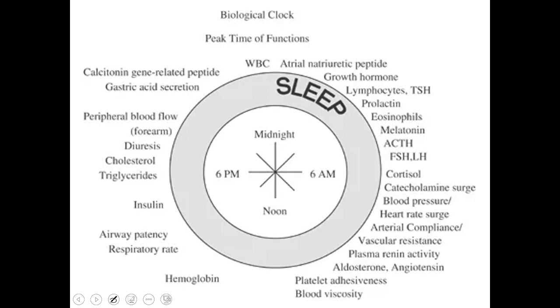Yes, in the topic of antihypertensives, where I was referring to this section of the figure, you have increased sympathetic activity, angiotensin, and vasoconstriction, all happening in the early morning phase. Now, I am going to refer to this side of the figure of the biological clock, which is concerned with synthesis of lipids.